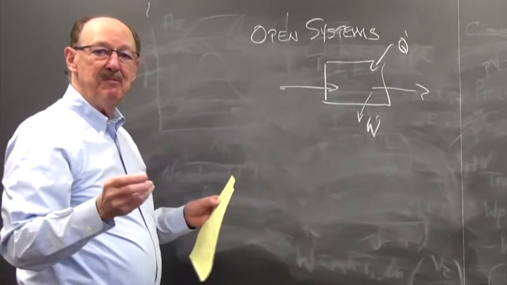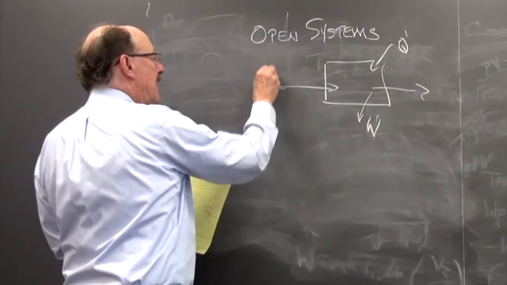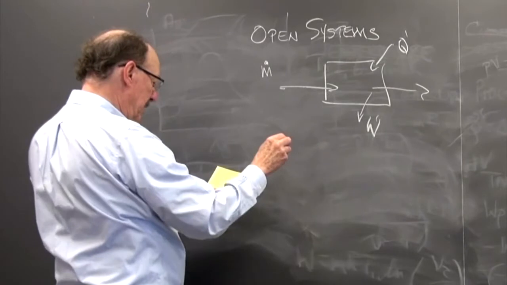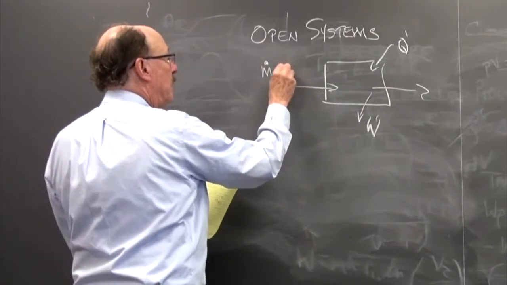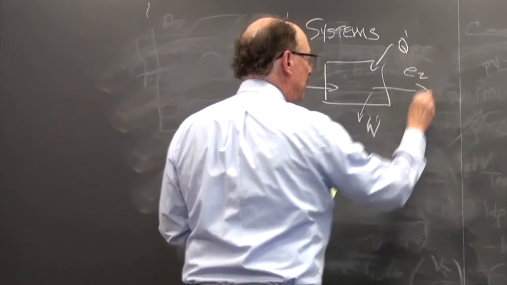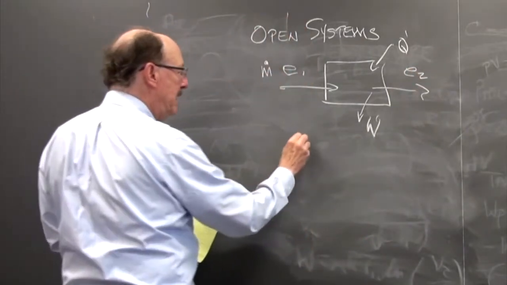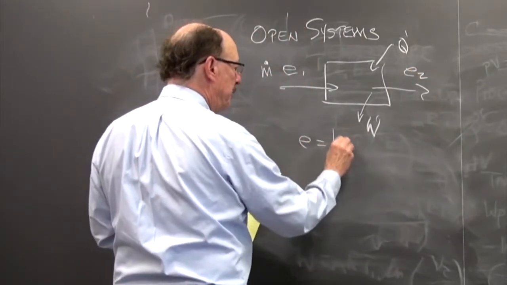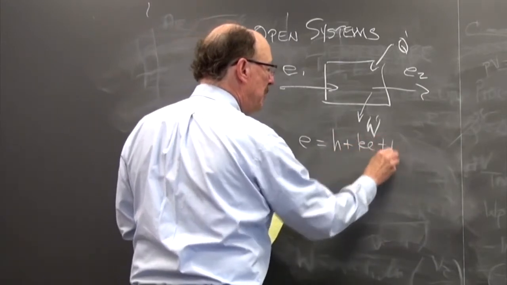And to simplify our notation, let's have it be the mass flow rate going in, and we'll use E for energy, and we'll have E2 coming out with the mass flow rate, where E is equal to H plus KE plus PE.